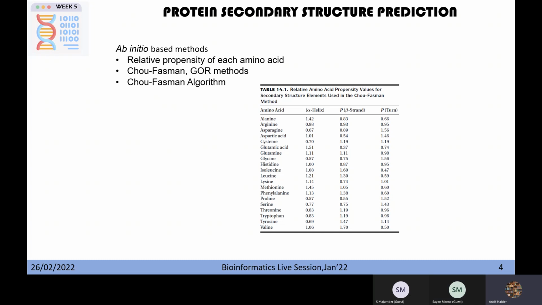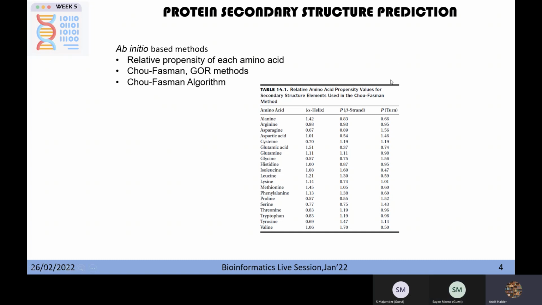Based on different experiments, relative amino acid propensities are calculated, and this is used in the Chou-Fasman algorithm. If a sequence is given, they will see the propensity value of that particular amino acid.